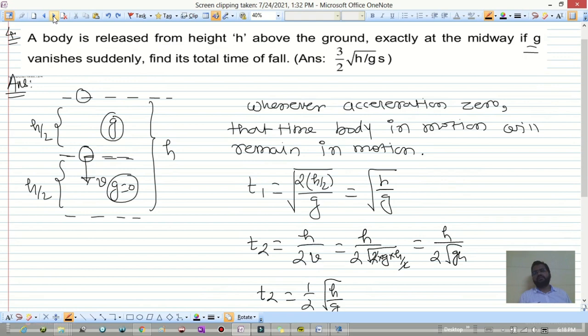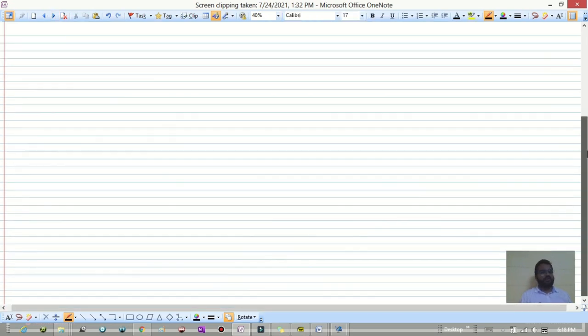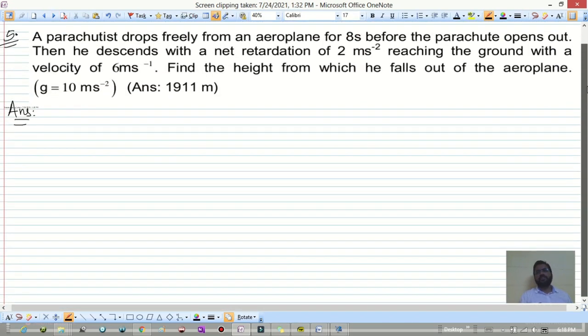Now the next question. In this fifth question, a parachutist drops freely from an aeroplane for 8 seconds before the parachute opens out. Then he descends with a net retardation of 2 meter per second squared, reaching the ground with a velocity of 6 meter per second. Find the height from which he falls out of the aeroplane.